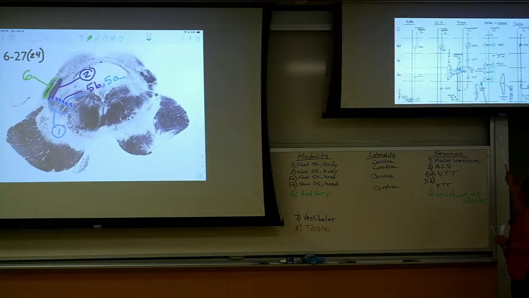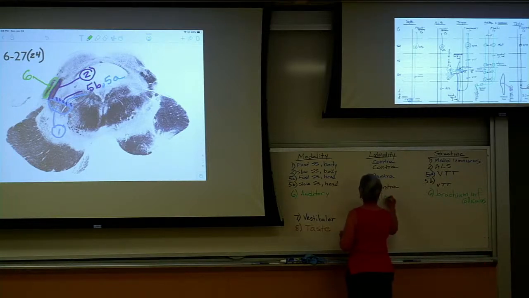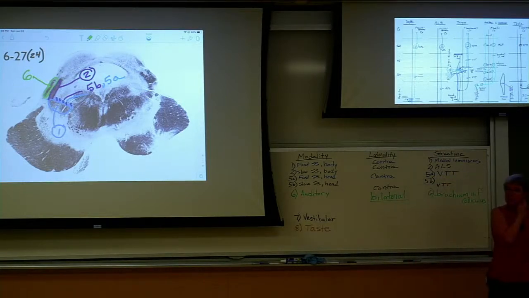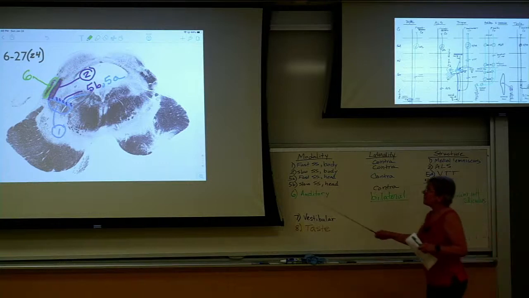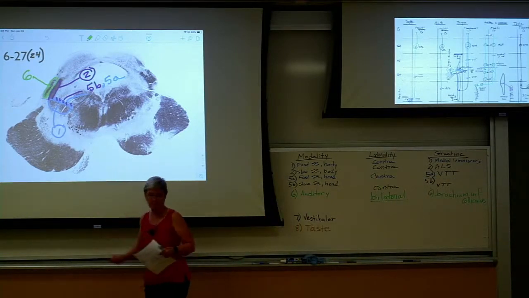So as soon as you are above the cochlear nucleus, all of these pre-thalamic relays and tracts involved in the auditory system have bilateral information. So there's information coming in from the right ear as well as the left ear for this single structure on the left side.